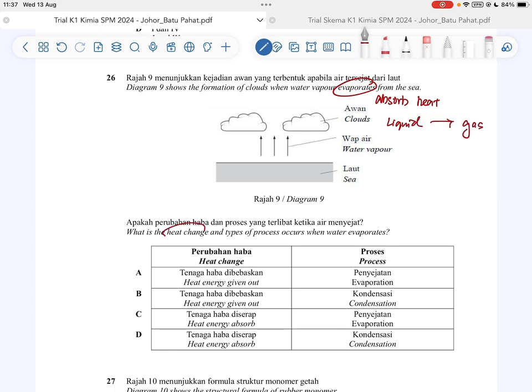What is the heat change and type of process that occurs when the water evaporates? This is very easy lah. The question already tells you that this is an evaporation, so your answer will only be A or C. The answer is C because you need to absorb the energy.